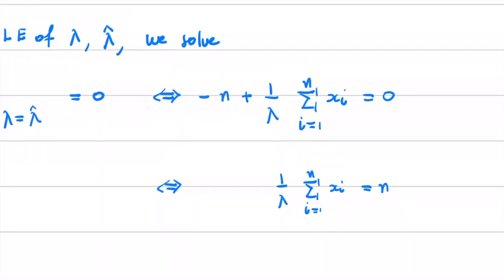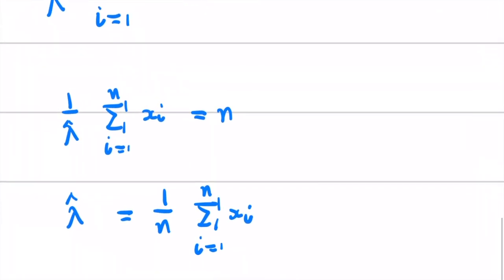And this leaves us with one final rearrangement. So what I'm going to do here is multiply lambda on this side, and then take the n to this side. So that actually leaves us, and I should have written some hats in here because we're evaluating at lambda hat, lambda hat is equal to 1 on n, sum i equals 1 to n xi. And of course we know what this statistic is.